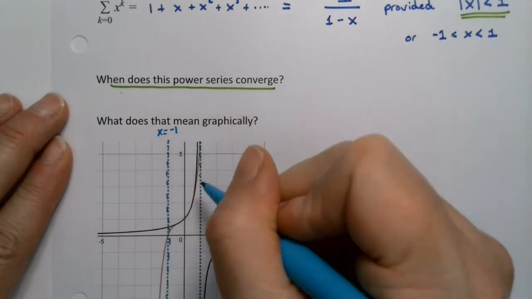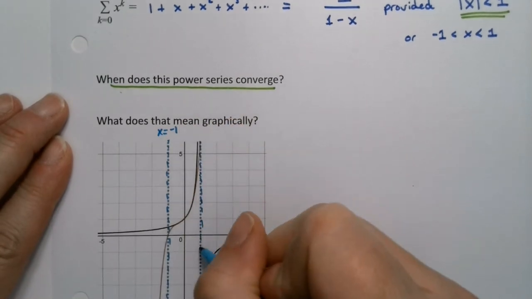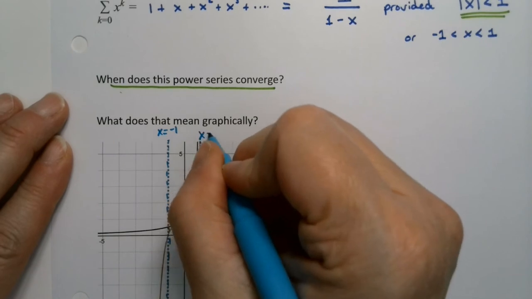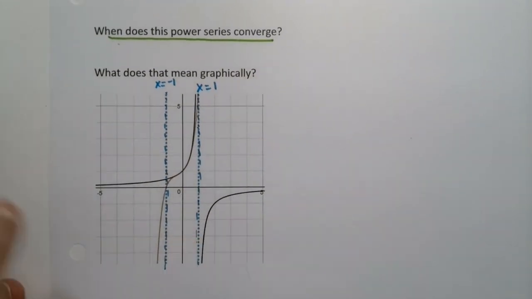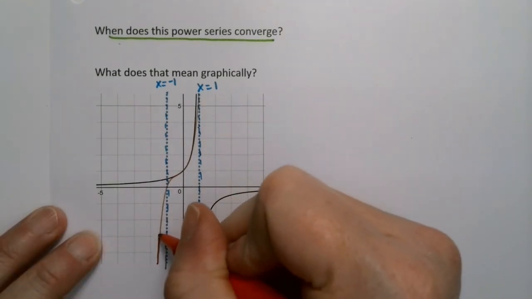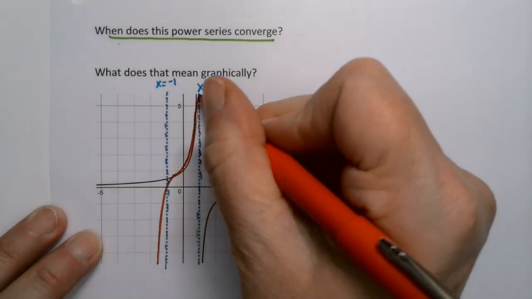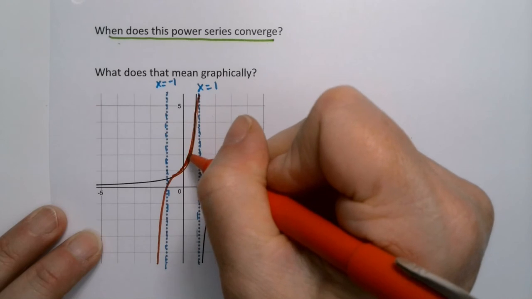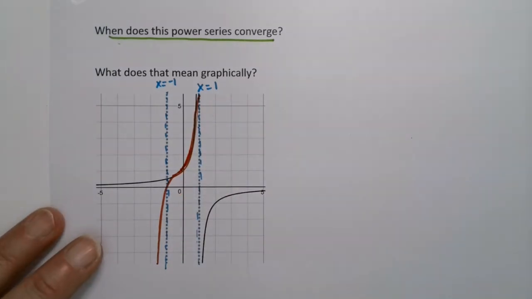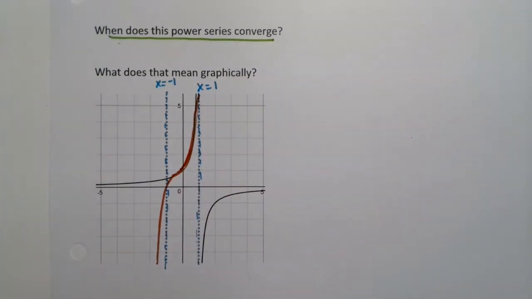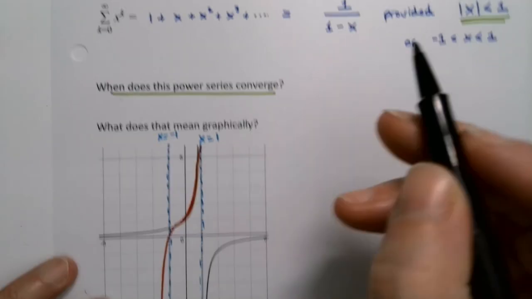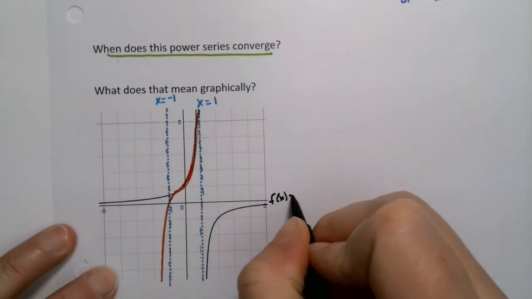This line right here is x equals +1. And the red curve will overlap. And that's that power series. So this power series here overlaps the function. And the function, of course, is 1 over 1 minus x, what we said it should be equal to. So this is f of x equals 1 over 1 minus x.